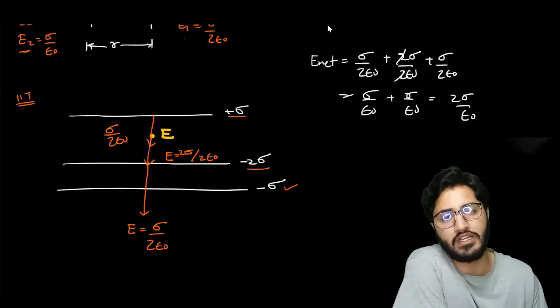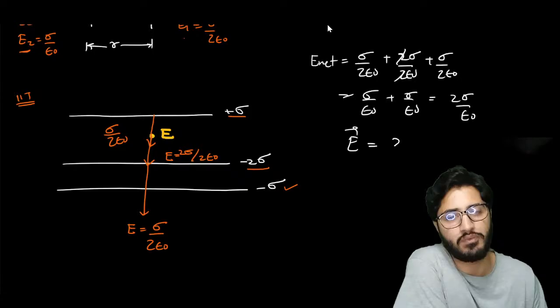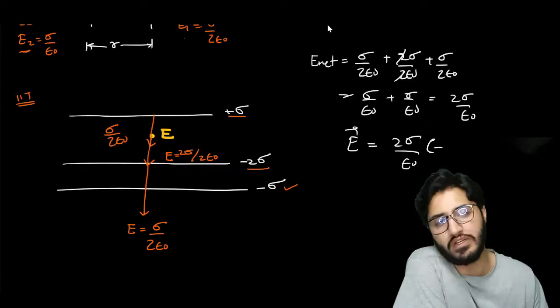In vector form, it would be 2 sigma by epsilon naught, and downward, that is minus k cap.